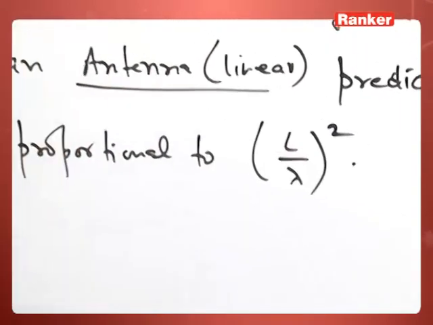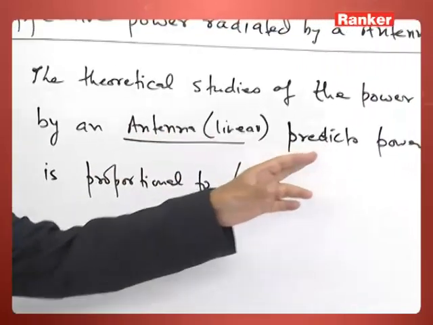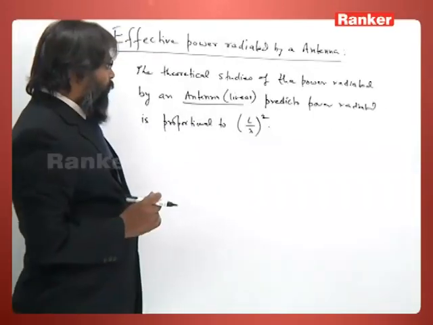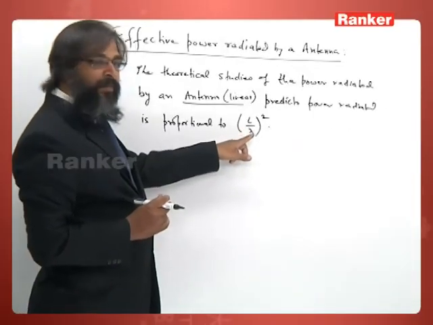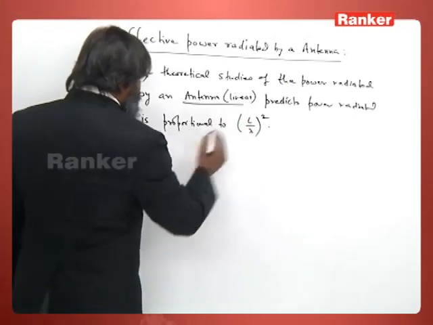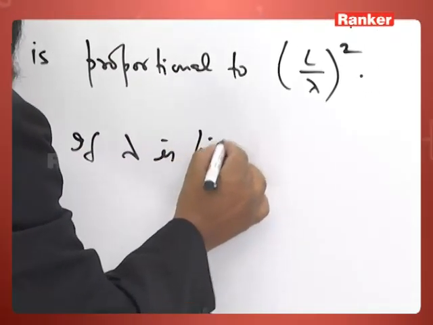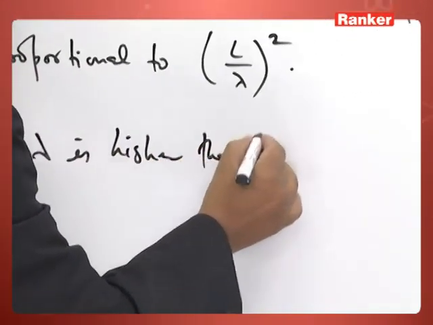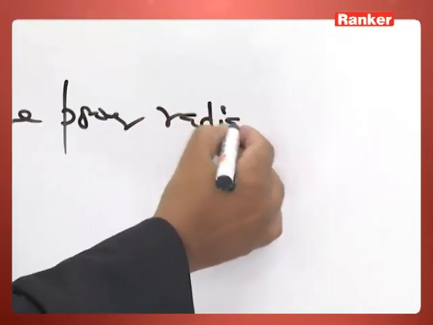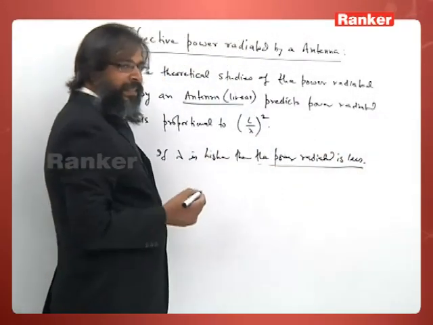So the theoretical formula for the power radiated by a linear antenna is found to be proportional to (L by lambda) whole square. If lambda is higher, then the power radiated is less.